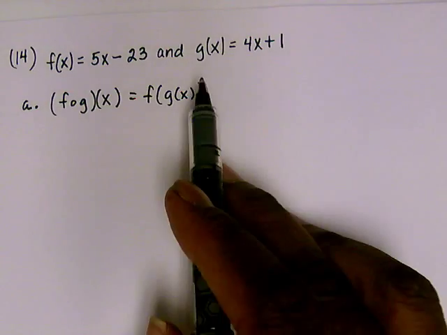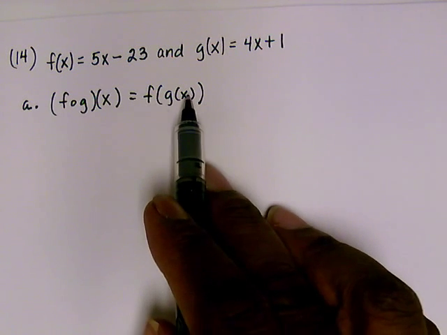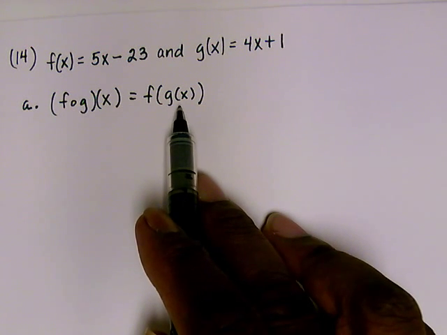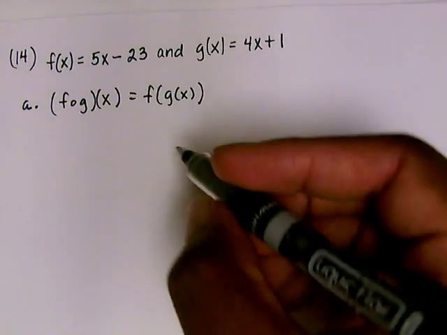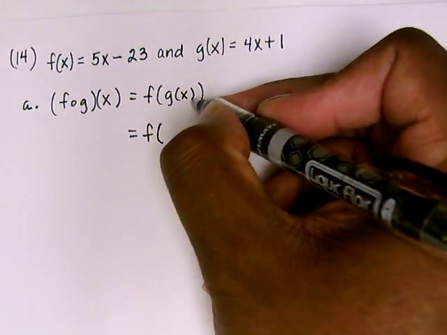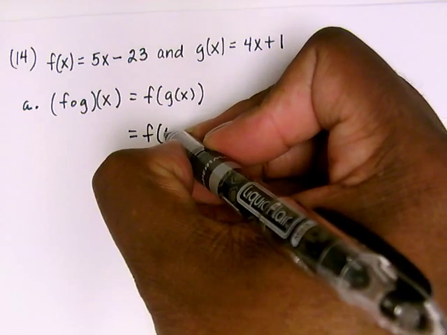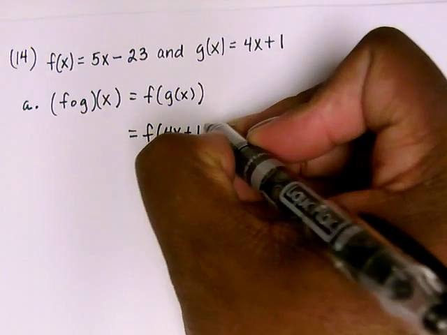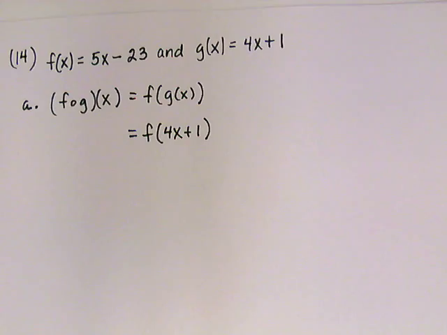And in this case, you can see that your g of x is going to be the inside function. So here I want to get f of, now g of x is 4x plus 1. So I'm going to replace that g of x with a 4x plus 1. So I'm going to be evaluating f of 4x plus 1.